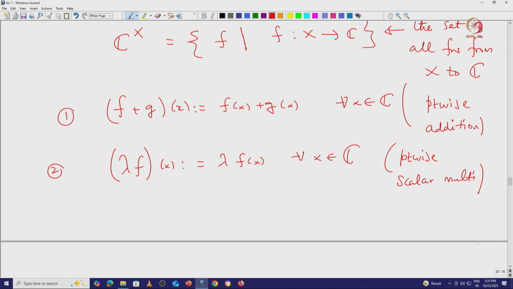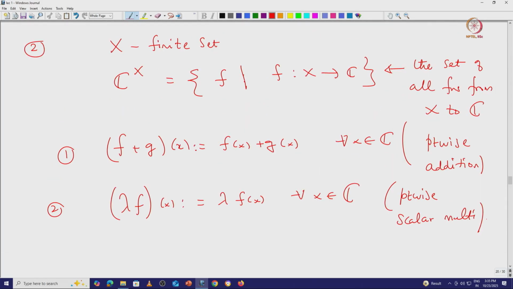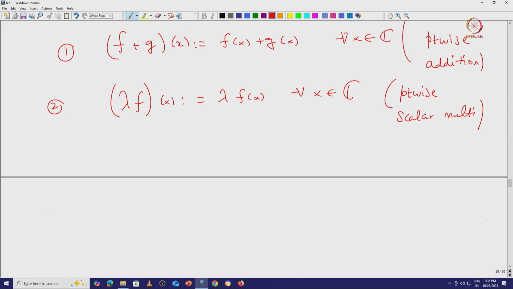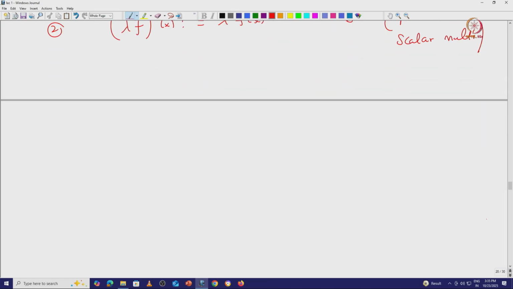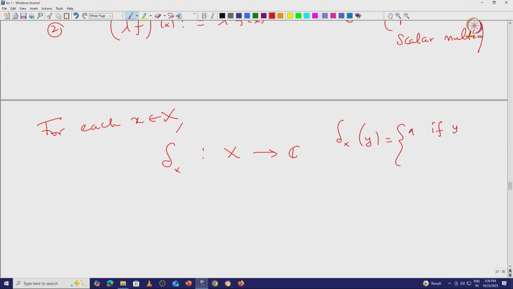It is an easy exercise to verify that with respect to these operations, C^X, the set of all functions from X to C, becomes a vector space. Now, for each x in X, we can define a delta function concentrated on x. Let us define delta_x, a map from X to C, which takes the value 1 if y equals x, and 0 otherwise.